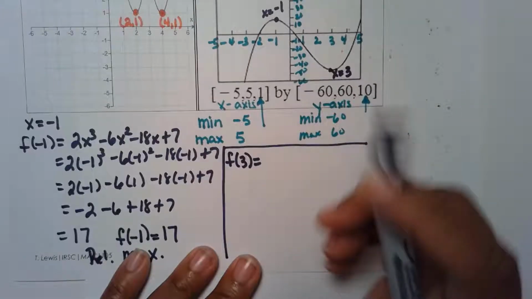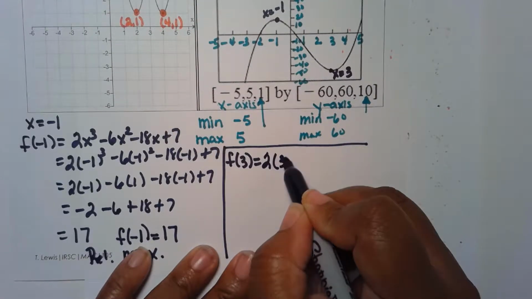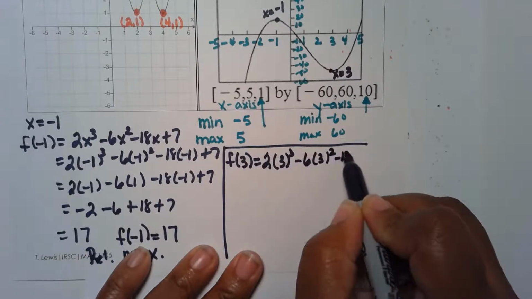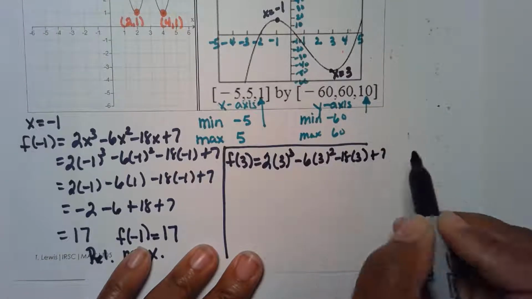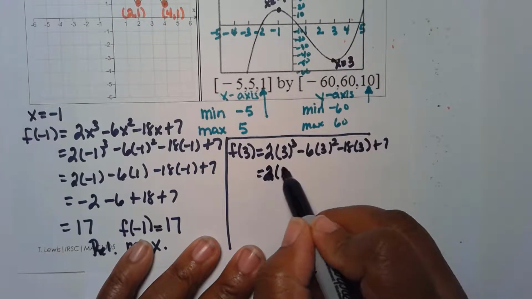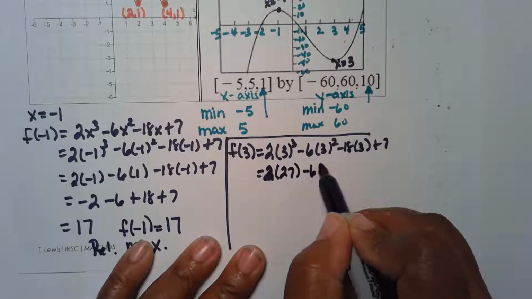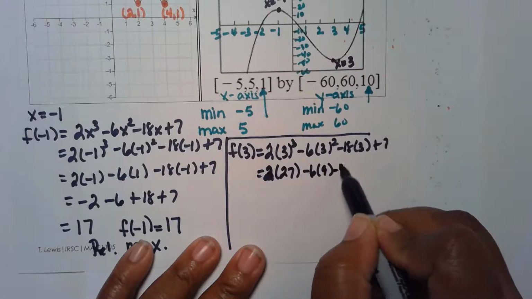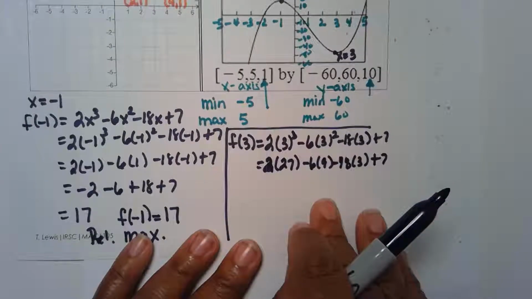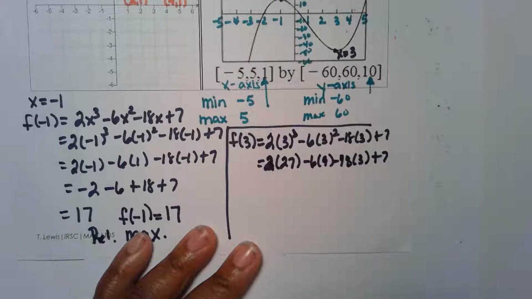We have 2 times 3 cubed minus 6 times 3 squared minus 18 times 3 plus 7. I know that's kind of hard to see. Sorry about that.